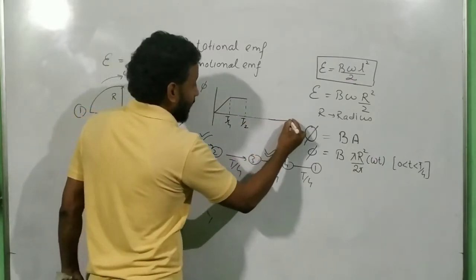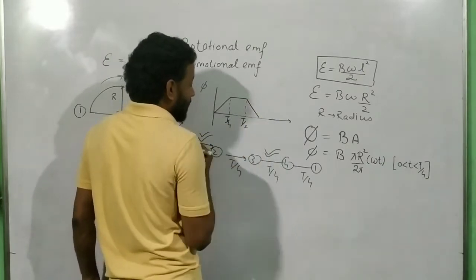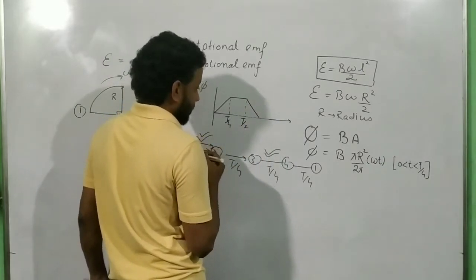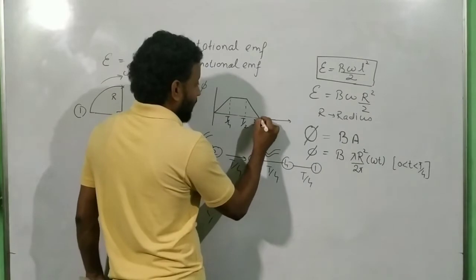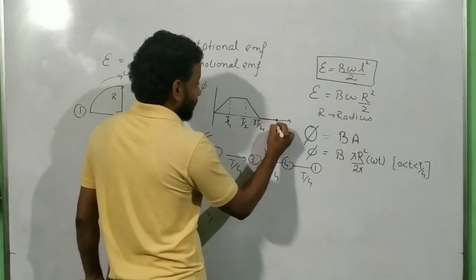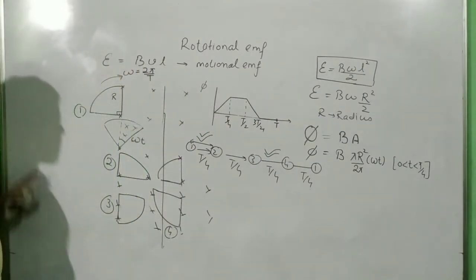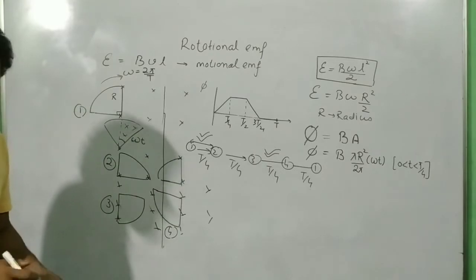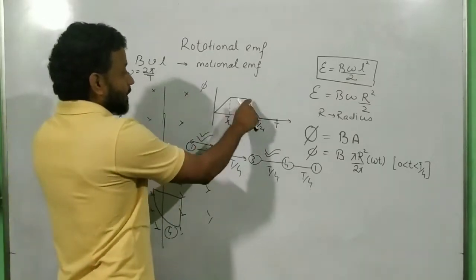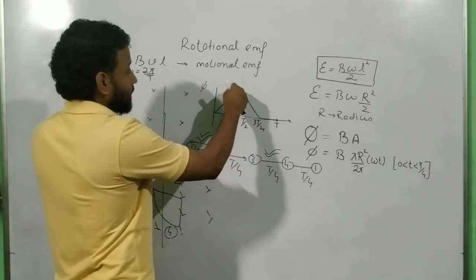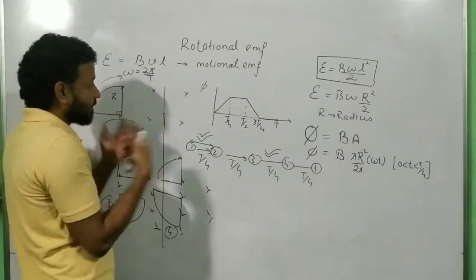And then it starts decreasing until 3T by 4, and then it becomes 0, because once it is completely out, there is no flux associated with the loop. So from T by 4 to T by 2 it is maximum, then from T by 2 to 3T by 4 it decreases, and once it has completely come out, nothing is happening.